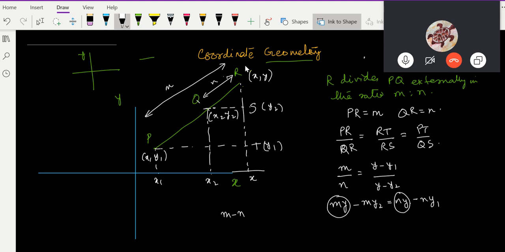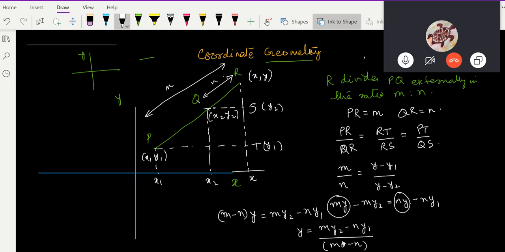So m minus n into y is equal to my2 minus ny1. So y is equal to my2 minus ny1 by m minus n.